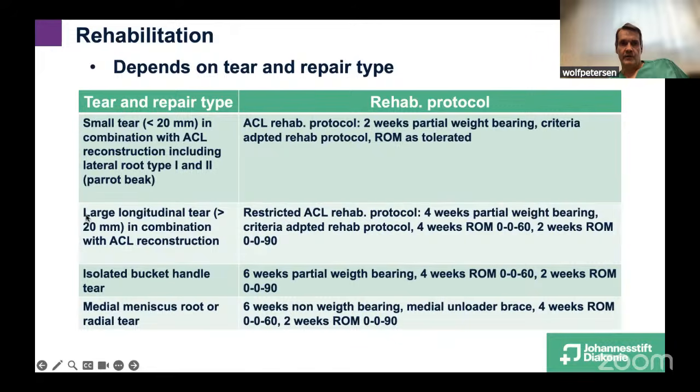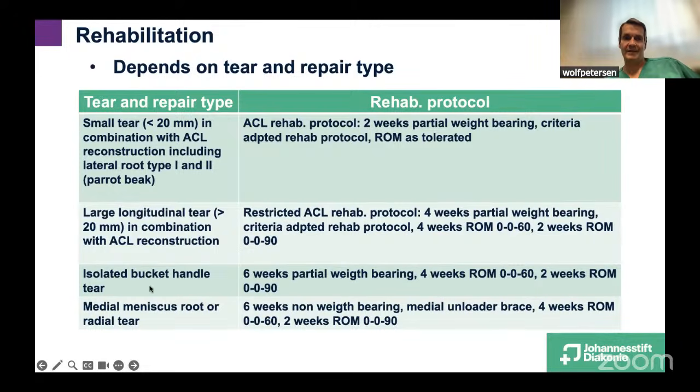When I have a larger longitudinal tear, maybe more than 20 millimeters, in combination with ACL reconstruction, I use a restricted ACL rehabilitation protocol: 4 weeks partial weight bearing, criteria-adapted rehabilitation, and 4 weeks restriction of the range of motion to 0-0-60 degrees, and then 2 further weeks with 0-0-90 degrees.